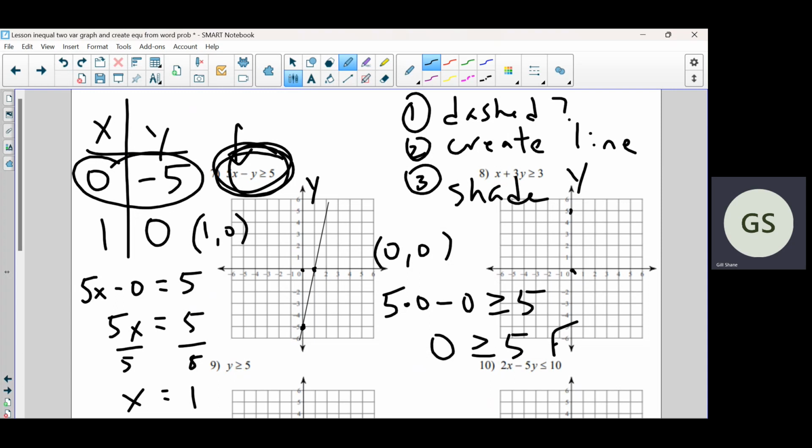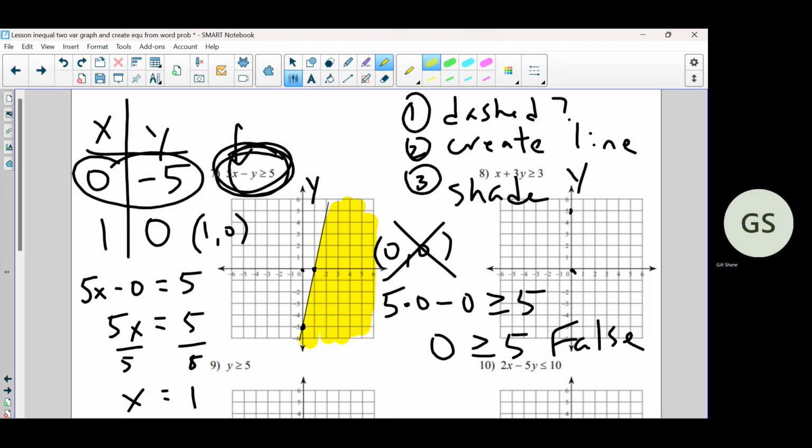So that is a false statement. False. If it is a false statement, then 0, 0 is not a solution. So that means the other side of the line is the solution side. So I go over to the other side and I shade the other side. That is my solution side.